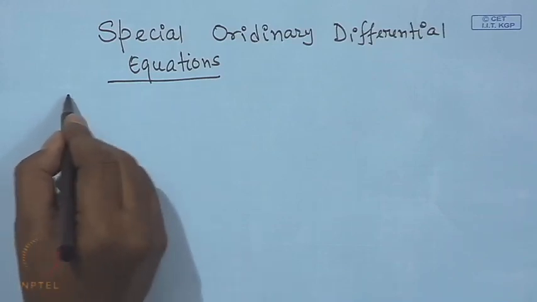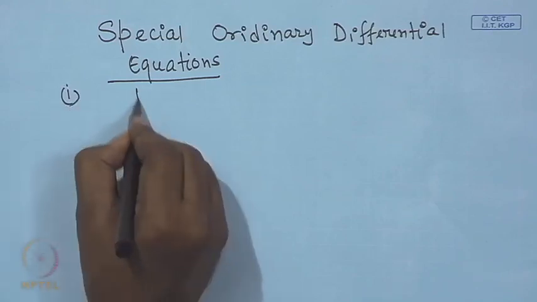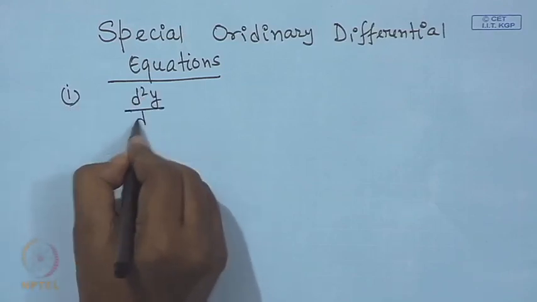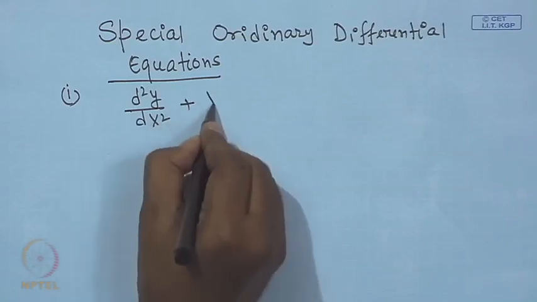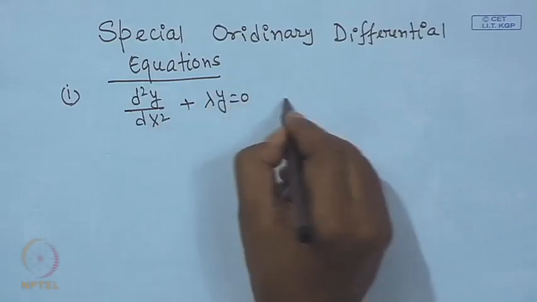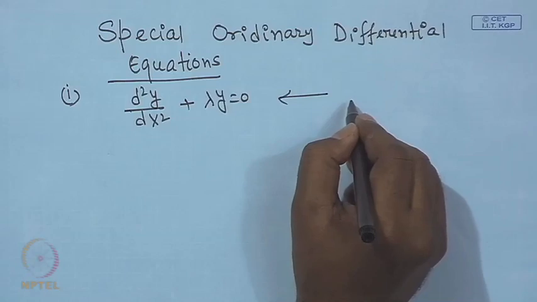The first case we have taken is not a special one, that is in Cartesian coordinates, d square y dx square plus lambda y is equal to 0. We have already taken care of this equation.